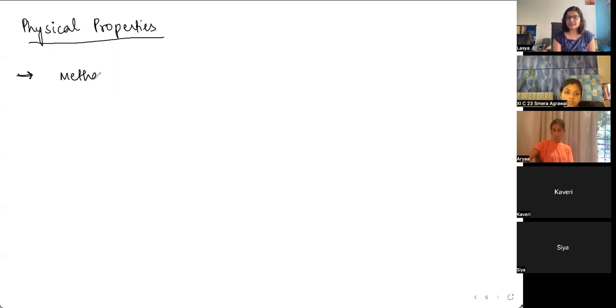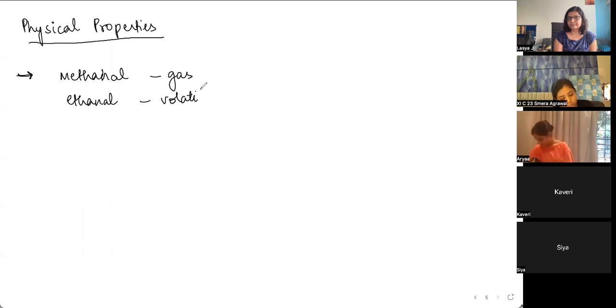Methanal, that is formaldehyde, is a gas, and ethanal is a volatile liquid. As the number of carbon atoms increases, the boiling point and melting point also increase. So the first few of them will be liquids, and then the higher aldehydes are all solids.